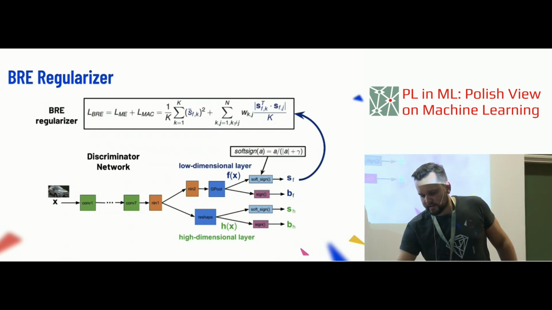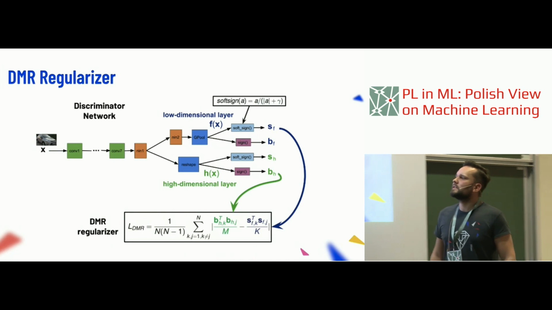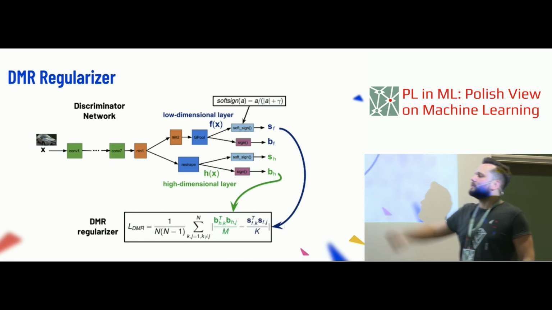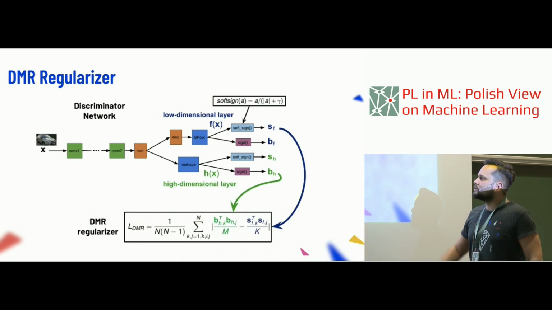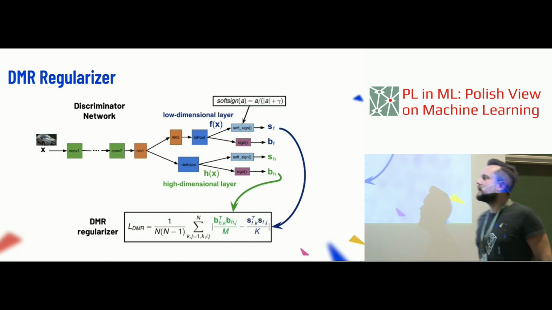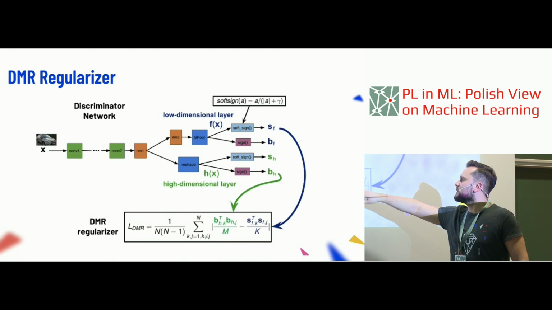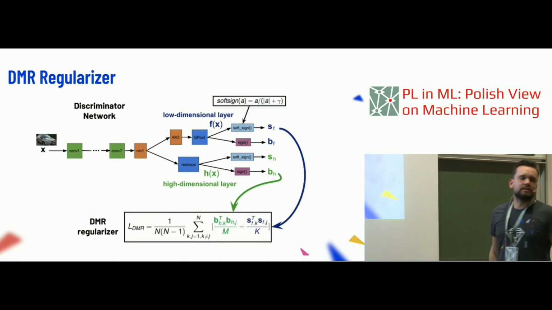The second regularizer is responsible for transferring the Hamming distance from the high-dimensional layer to the low-dimensional layer, where in this particular case we assume that we have hard-coded binary coding from the high-dimensional layer. So, in fact, we are propagating the gradient using a low-dimensional path.